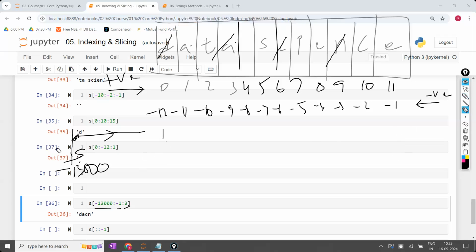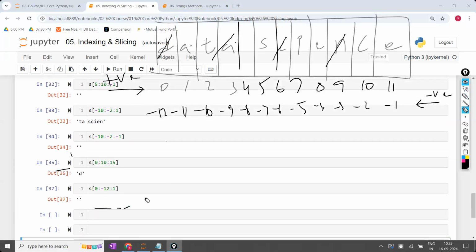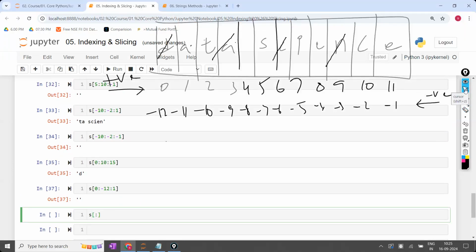Now, next. Done. Now, the last thing for today's class. If you don't write the first number in the two semicolons, if you write only the second number like 5 and the third number like 1, if the first number is not included, it is going to take by default the starting point of the direction.